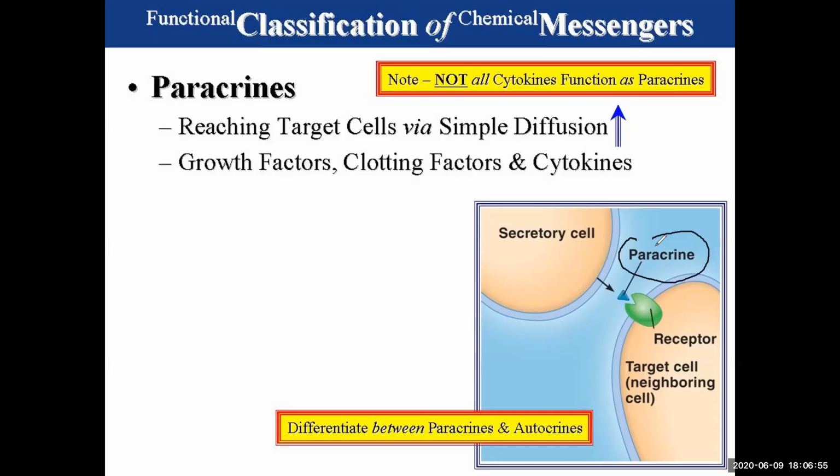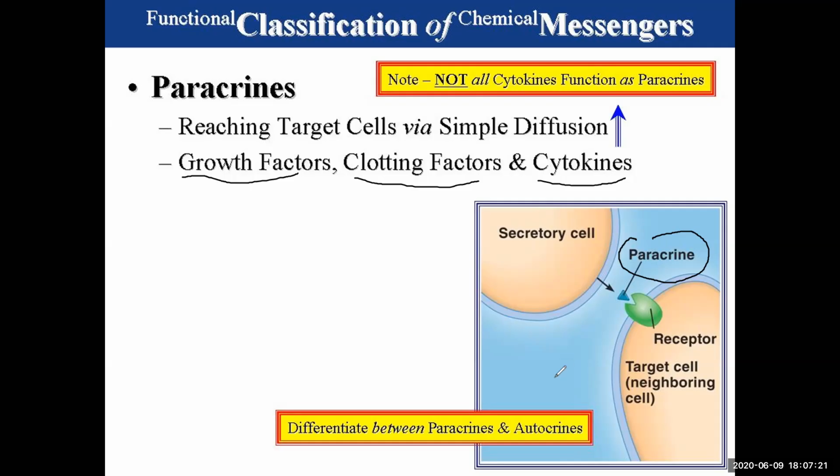So example, paracrine signal: growth factors, clotting factors, cytokines are used as short distance chemical messengers. So just simple diffusion, they move across, driven by concentration gradient. They leave the secretory cell and they attach themselves to the receptor on the target cell.